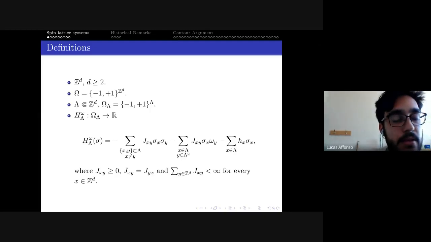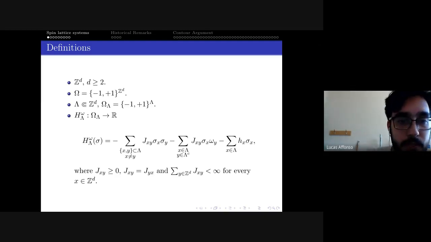We will be concerned only with the ferromagnetic case. This means that the coupling constants J_{x,y} are all positive. They are symmetric, and they have this condition that we call regularity, that for each x, the sum of all y in Z^d that is different from x should be finite.